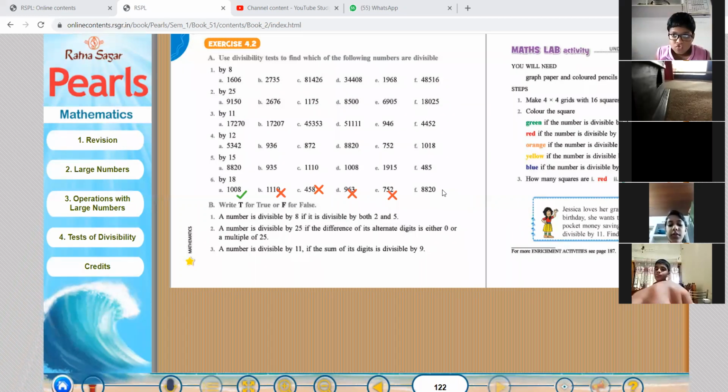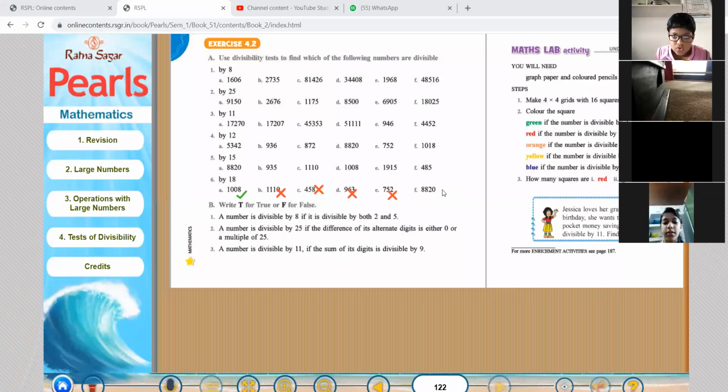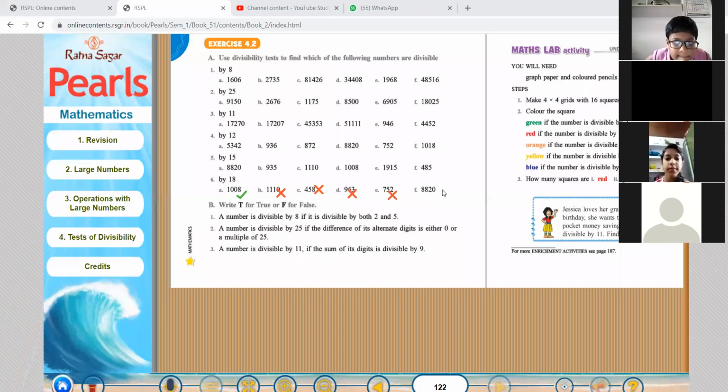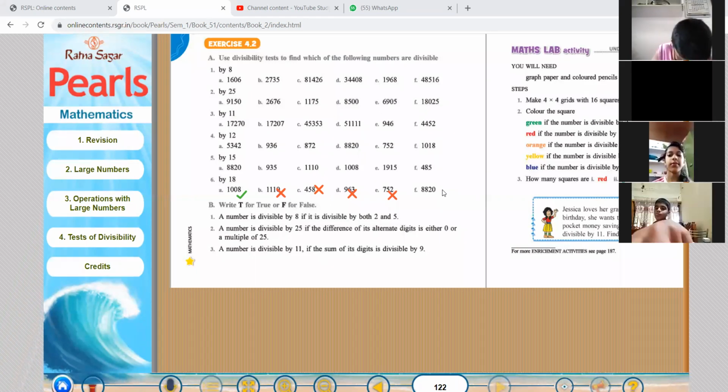Then what about the divisibility by 9? First of all, we have to add 8 plus 8 plus 2 plus 0. What is 8 plus 8 plus 2 plus 0? It is 18.